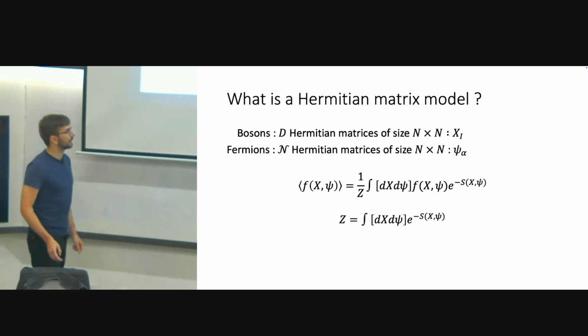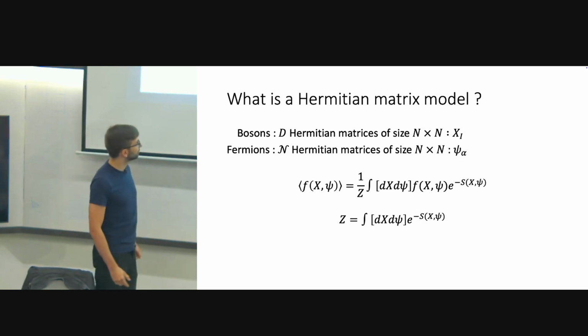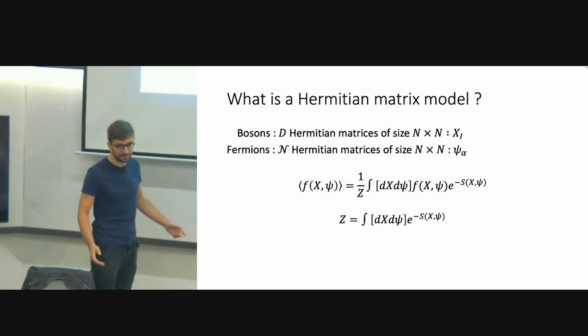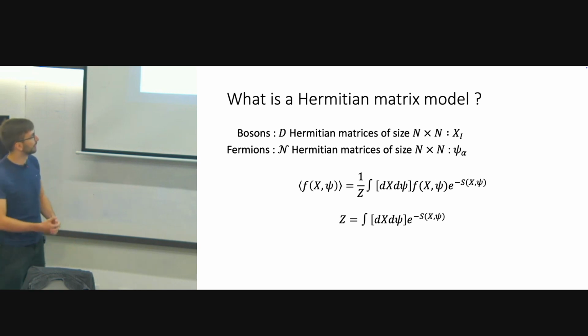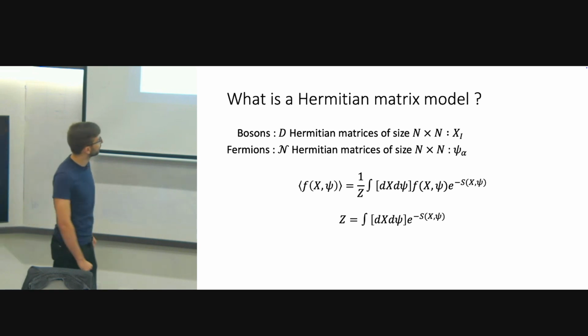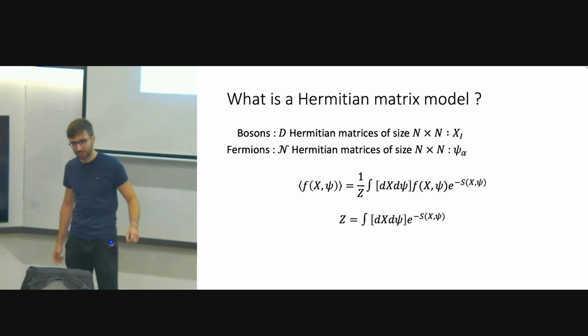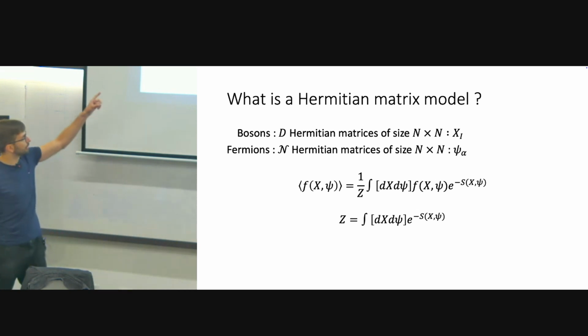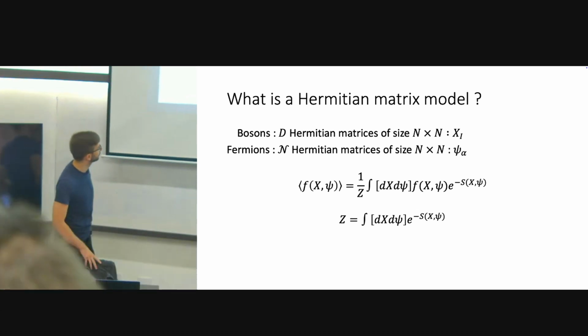First, what is, to be precise, a Hermitian matrix model. It's a model where we have, let's say, D bosonic matrices, whose components are numbers, and curly N Hermitian matrices whose components are Grassmann numbers, so anti-commuting numbers.